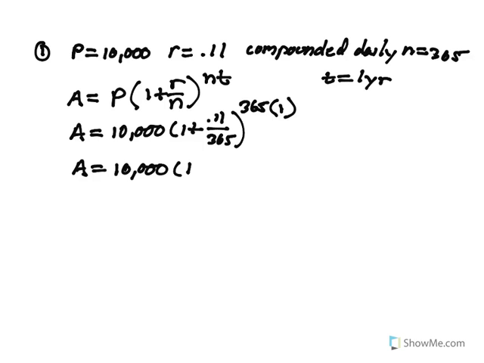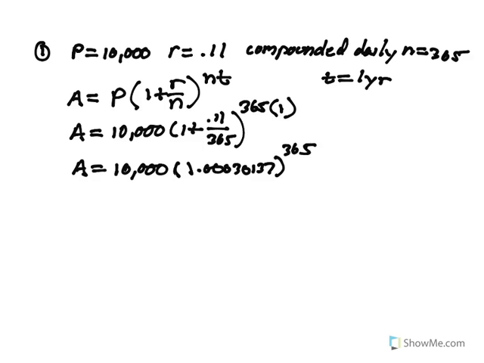So when you do 1 plus, I'm assuming you know how to do the arithmetic behind this, right? You do 0.11 divided by 365, you add 1, and you will get the following number.